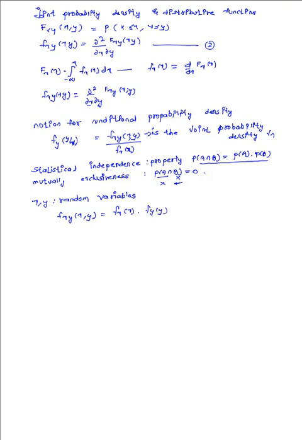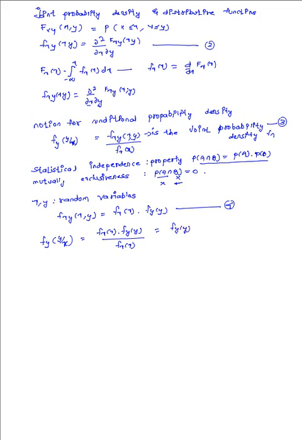If we apply this property of statistical independence of random variables, given by 4 in 3 above, we get the conditional probability density function fy(y/x) equal to fx(x) into fy(y) divided by fx(x), and simply fx(x) and fx(x) cancel. We get fy(y).